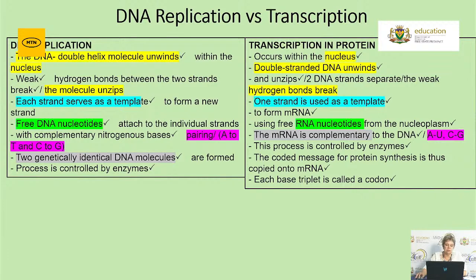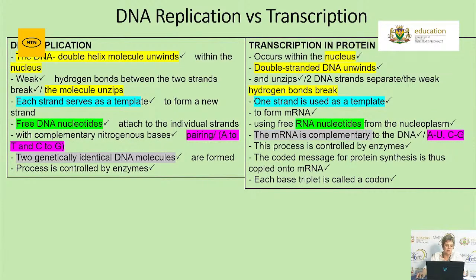The difference between DNA replication and transcription is also very important. Always one of these will be asked in the exam. In replication, the double DNA helix unwinds and each strand serves as a template. In transcription, it is one strand.